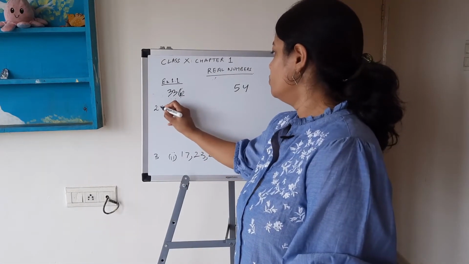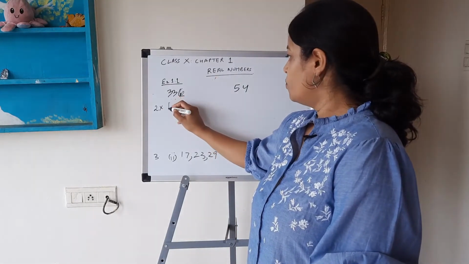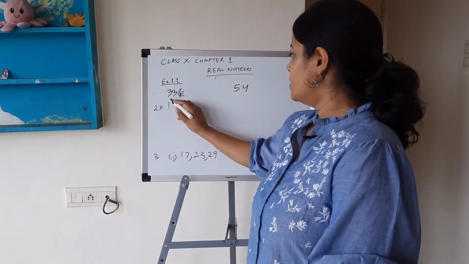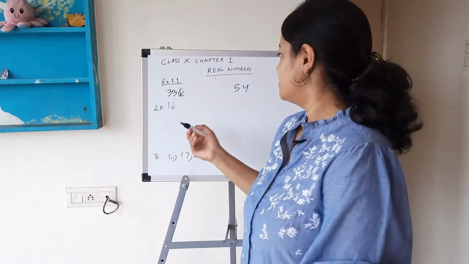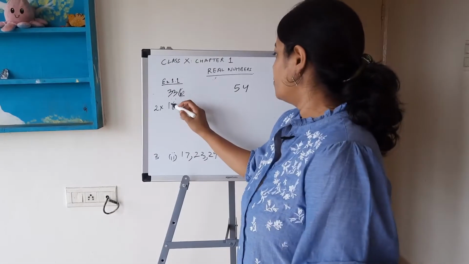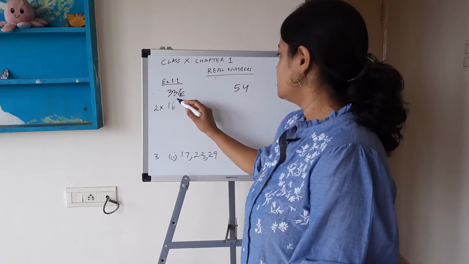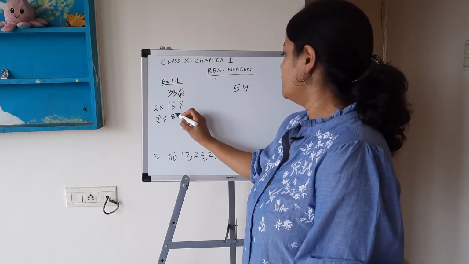So 2 I know definitely is there. 1, 2 ones are 1, 1 3 is 6. I don't know why I'm going to the basics, but here I am. Okay, 1, 1, 3, 6, 1, 6, 8. So 2 square into 84.